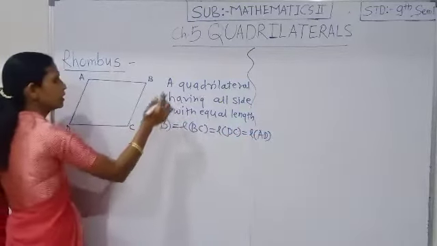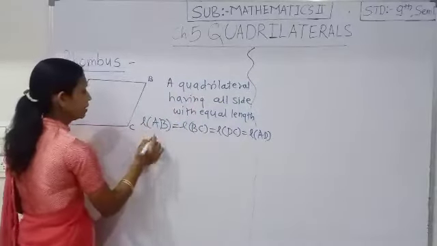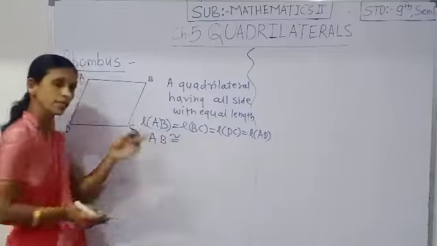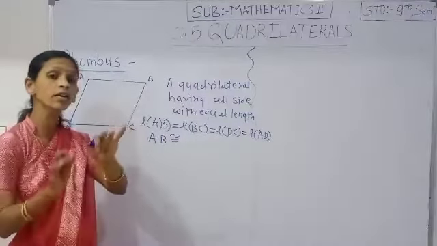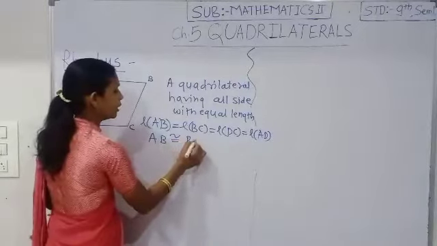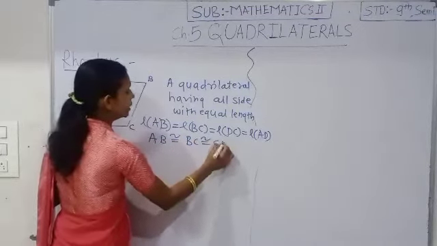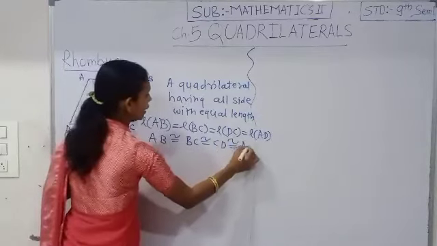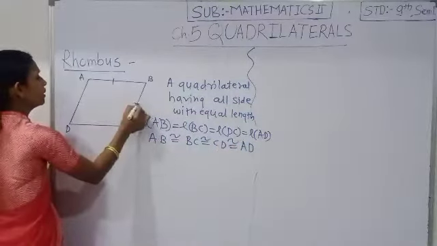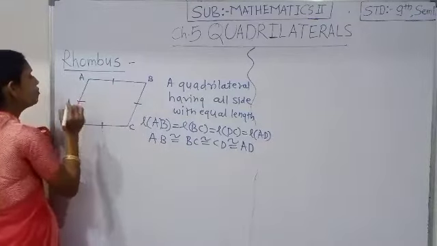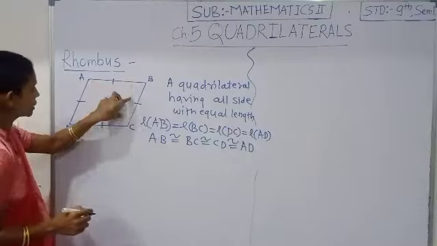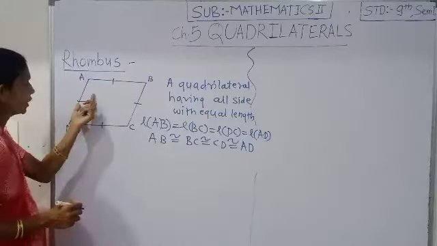It is a quadrilateral in which all four sides are congruent. AB is congruent to BC, congruent to CD, congruent to AD. We can represent this as rhombus ABCD in which all four sides are congruent.